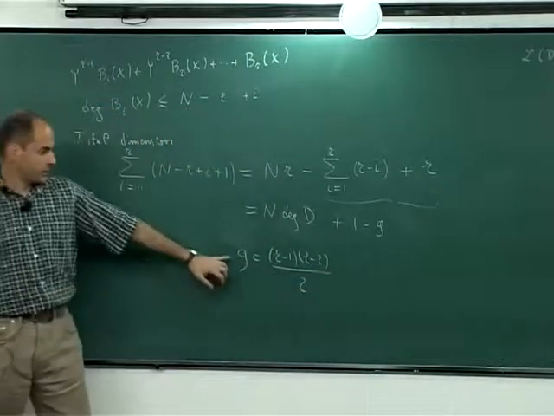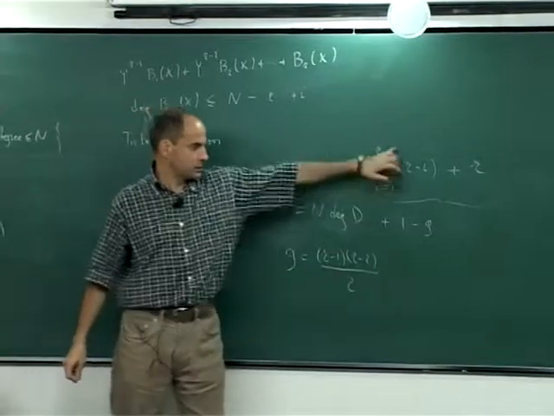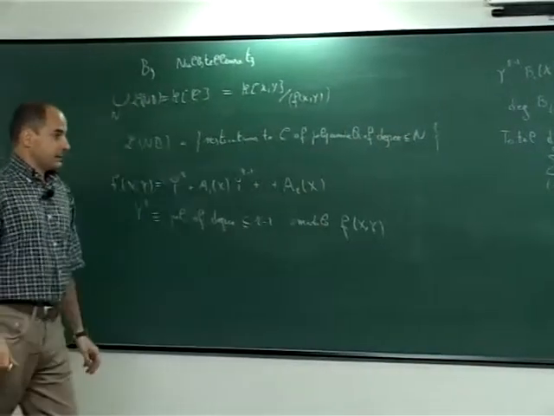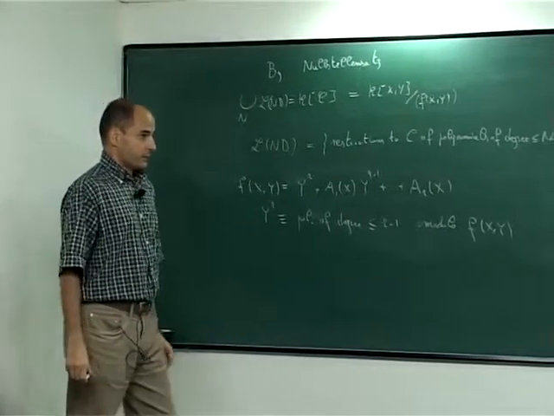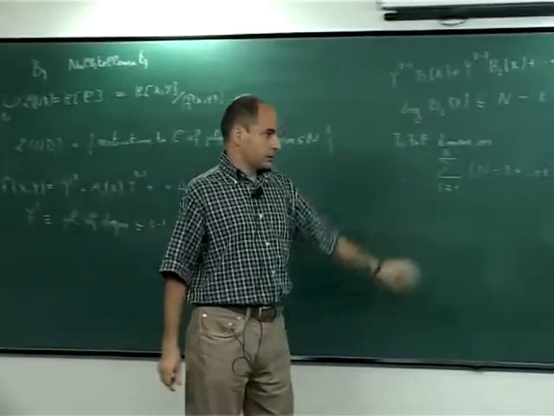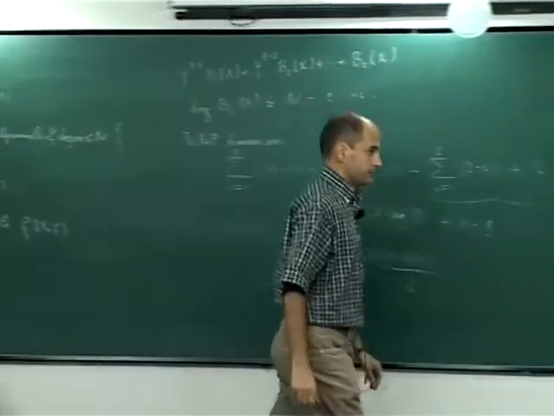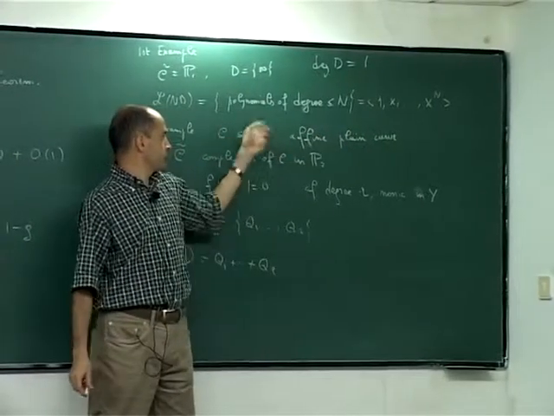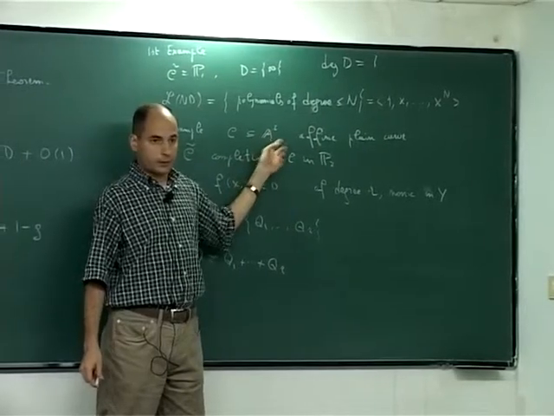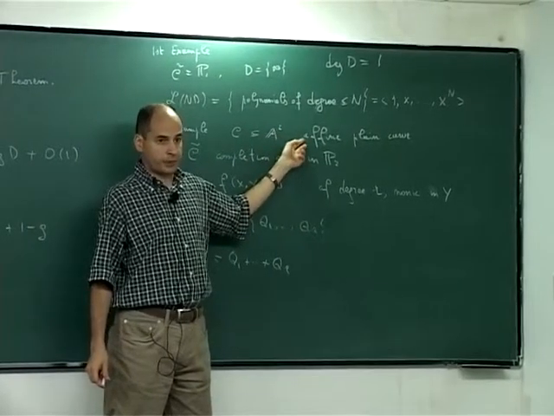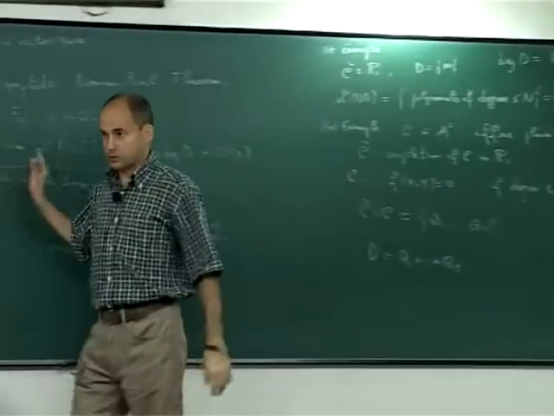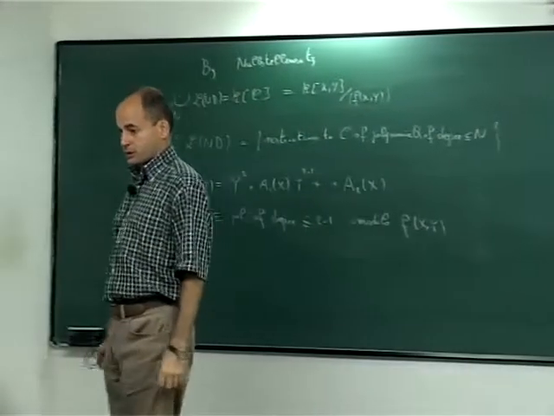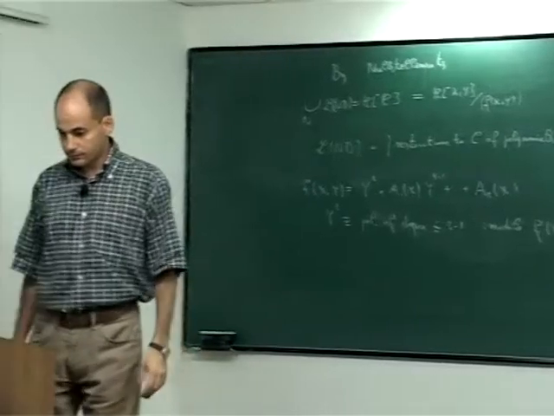Anyway, if you take this as a definition of g, this is an identity. So this is the Riemann-Roch theorem, in the case we need at least, for an affine plane curve; and for an affine curve in an affine space of higher dimension, the procedure is exactly the same. It's just a simple exercise in linear algebra.